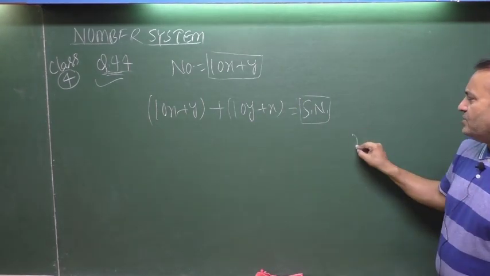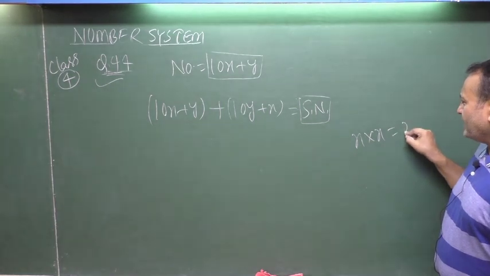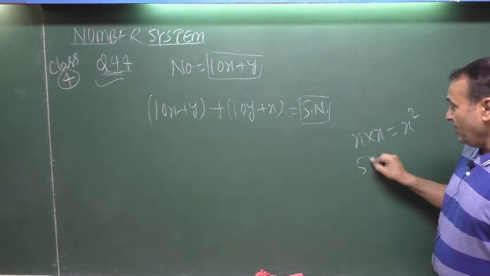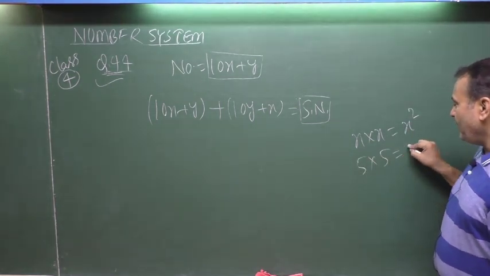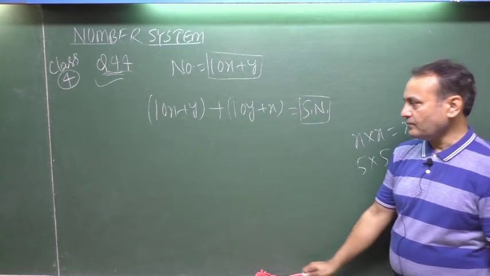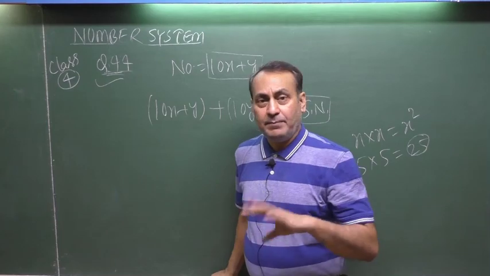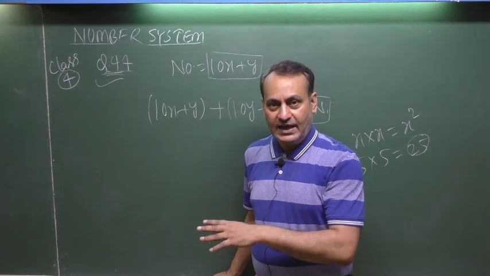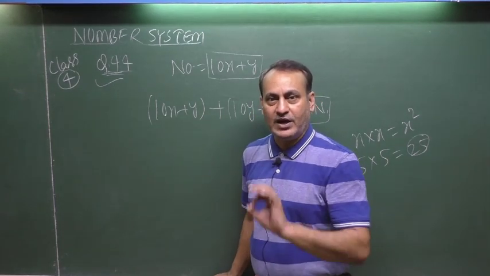A perfect square number means a number multiplied by itself. That means 5 multiplied by 5, square, is 25. This is your square number. See here, 10x plus y plus, after changing, 10y plus x equals a perfect square number.